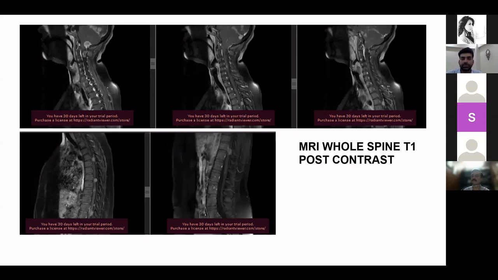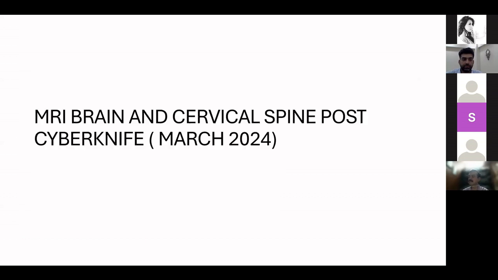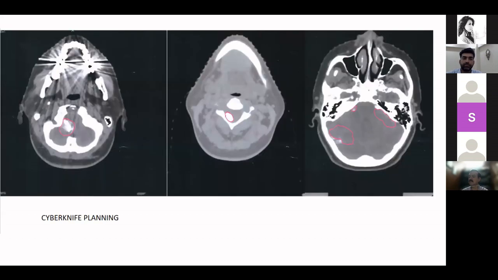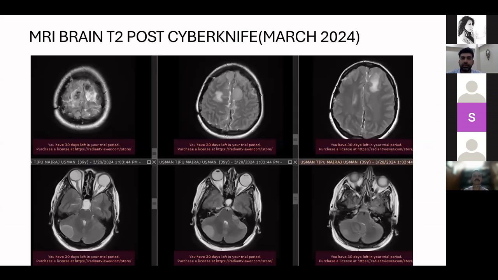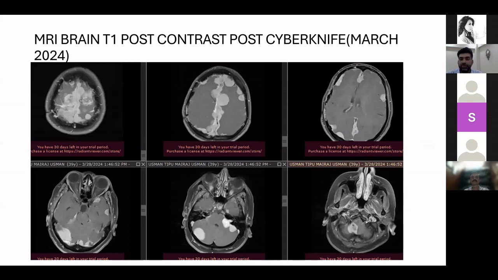And then from the sagittal post-contrast images from the cervical and dorsal spine, again, there are multiple enhancing lesions seen along the surface of the cord, suggestive of meningiomas. Okay, thank you.